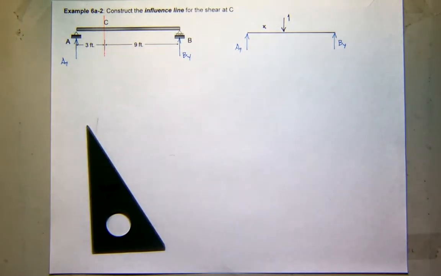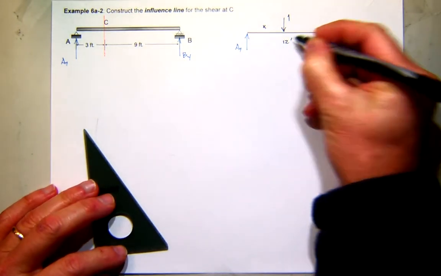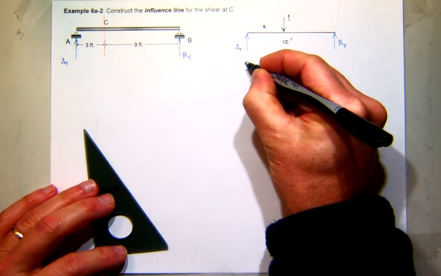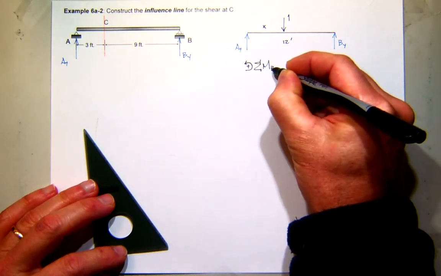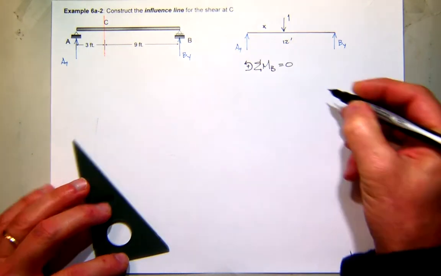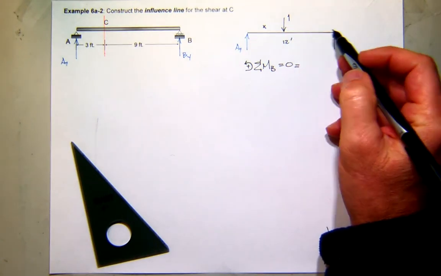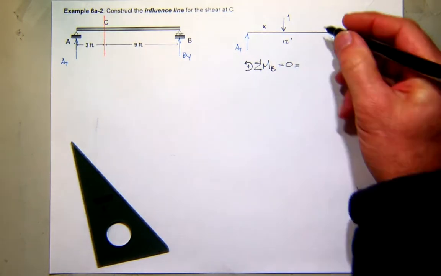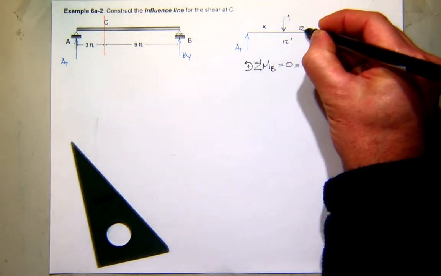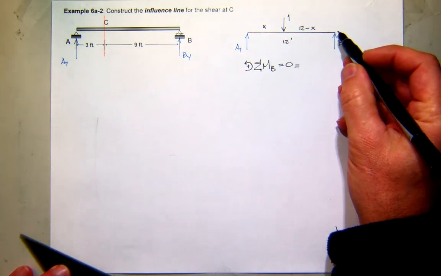How do I find AY? So we'll take the moment about B and make sure it's in equilibrium. So starting with the applied load, what's the distance from B to it for an arbitrary x from the left? Looks like it's going to be 12 minus that. And what kind of moment will my unit load create about B?